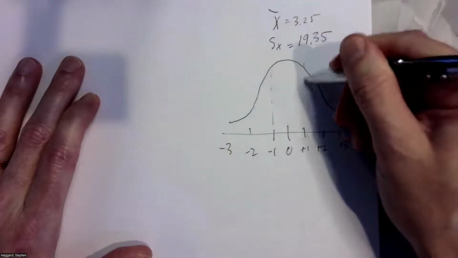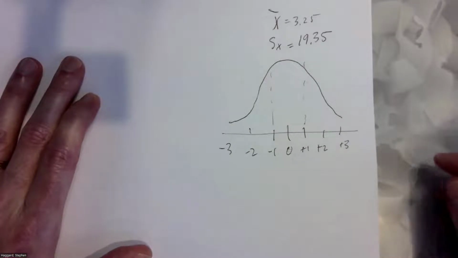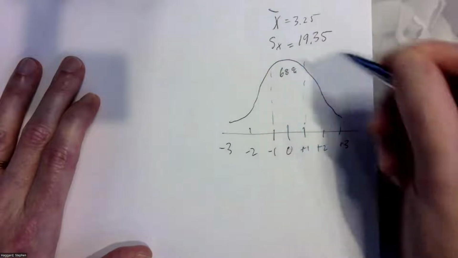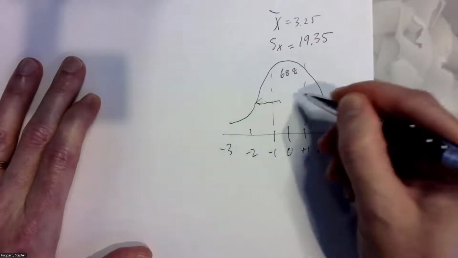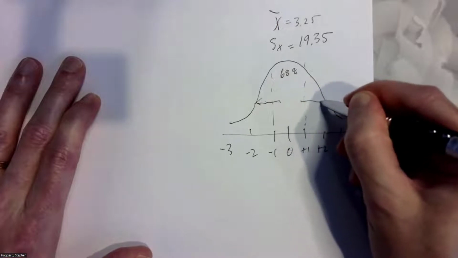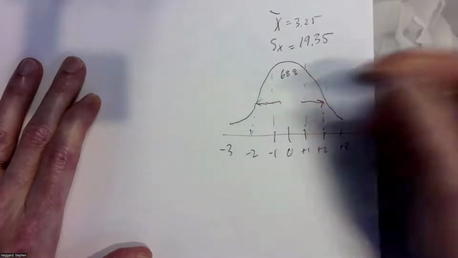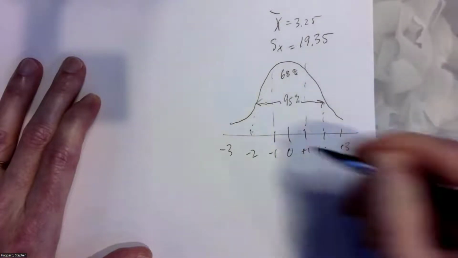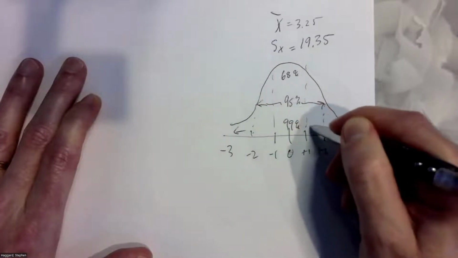Between plus and minus 1, what percentage of observations do we have? 68%. And between plus or minus 2, we have 95%. And between plus or minus 3, we're going to call it 99%.